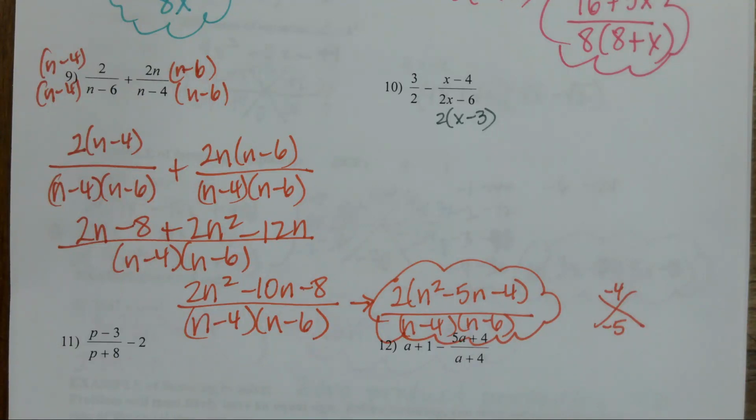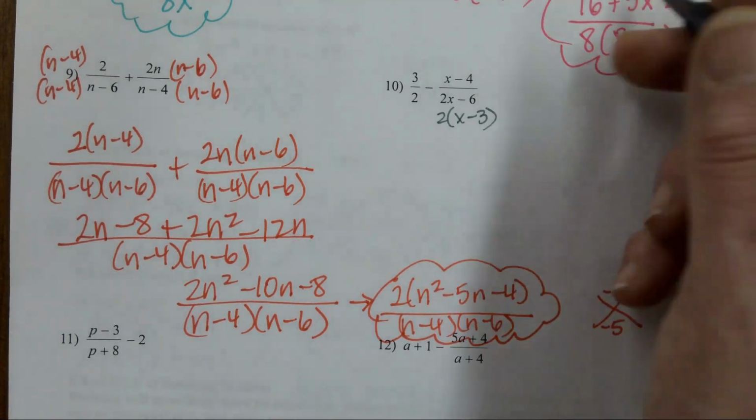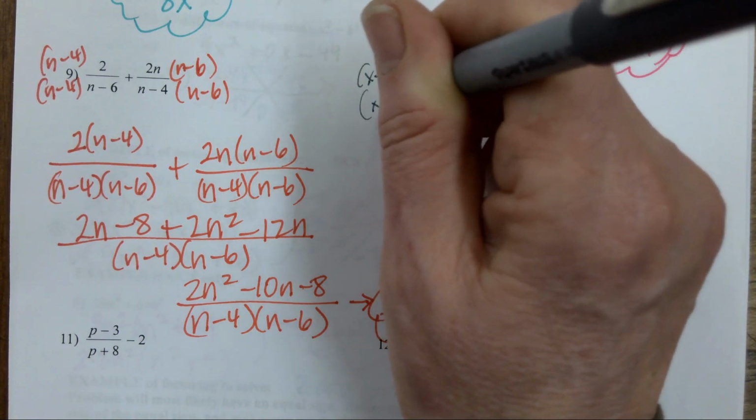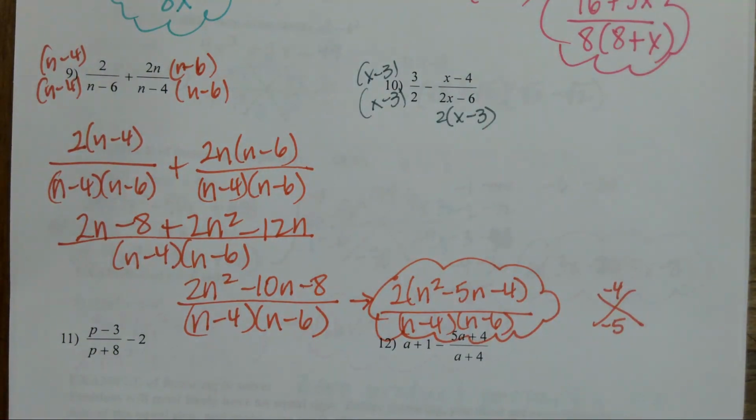Okay? If you miss that, no big whoop, you're just going to have to simplify in the end. But I'm going to do x minus 3, x minus 3. That's finding the least common denominator.